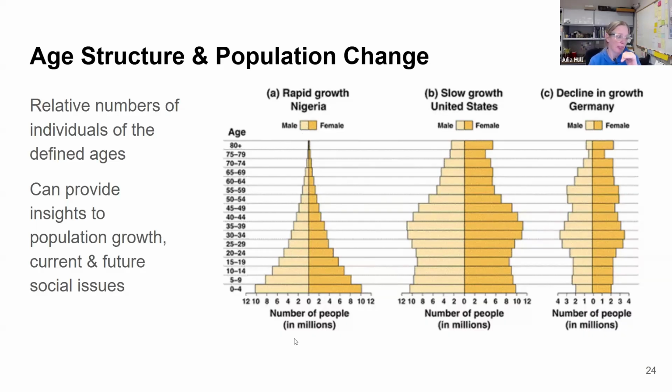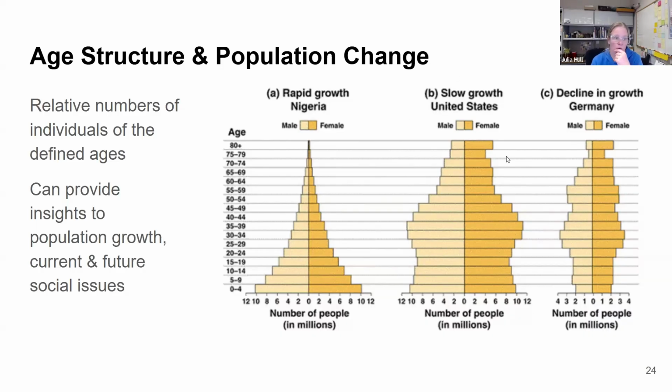Along the x-axis of each of these graphs, we see the number of people in millions who are biologically male, those that are biologically female, and the y-axis is showing us their age. We can compare these age structure graphs from Nigeria, the US, and Germany. So let's focus in right here, though, because since we're in the United States, let's talk about those first.